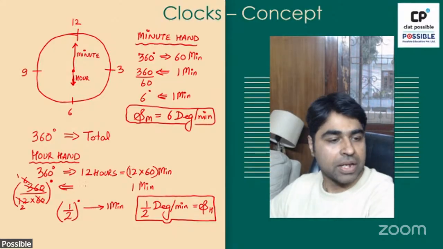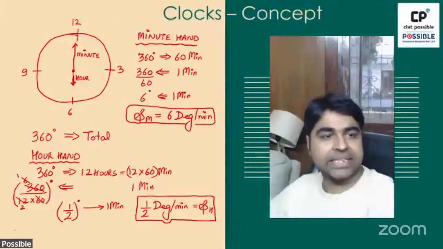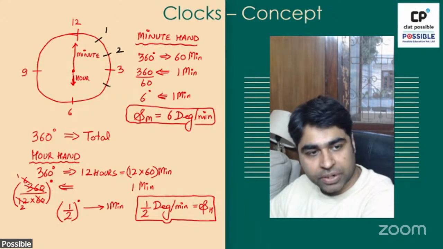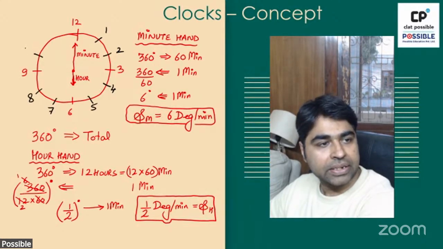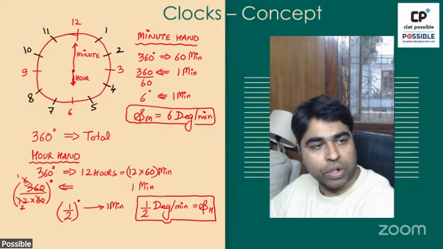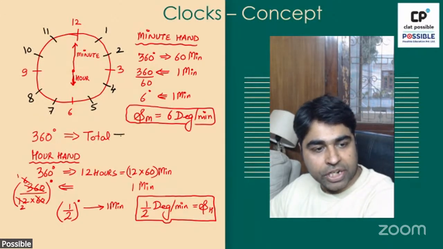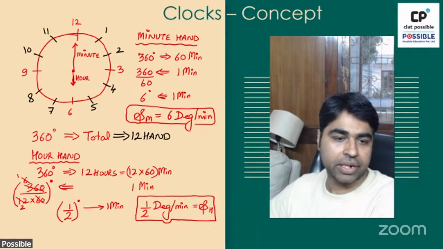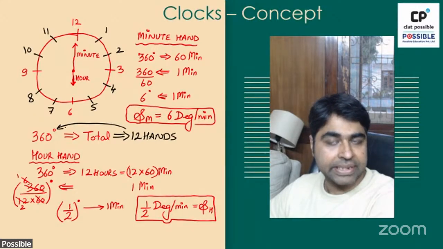Also, if I am looking at the clock, 12, 1, 2, 3, 4, 5, 6, 7, 8, 9, 10, 11, and 12. So in total, there are 12 divisions, right? So 12 divisions make a movement of 360 degrees.